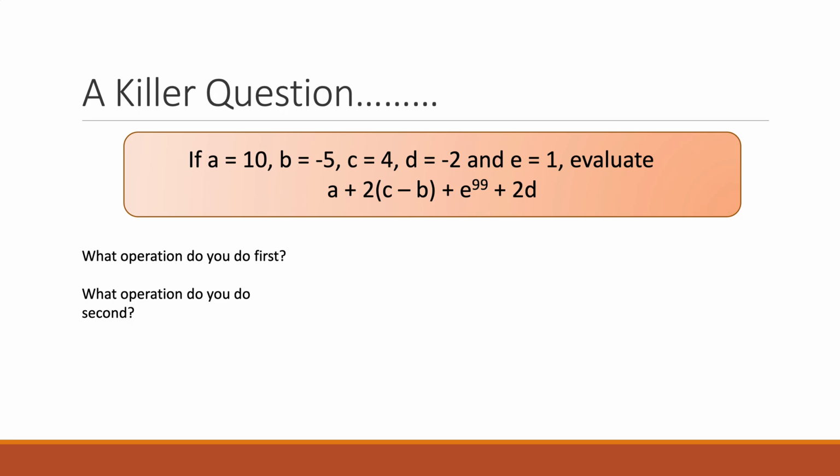No. Parentheses is not an operation. However, you're doing what's inside the parentheses. So the operation you do first is subtraction. And then the second one is the exponent or exponentiation. Okay. There's a start. I substituted the numbers for you. Take it through to the end. Go ahead.